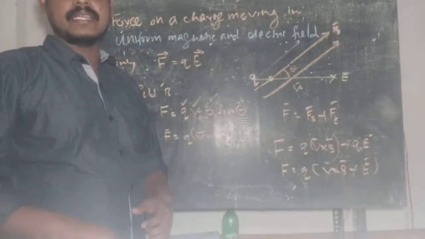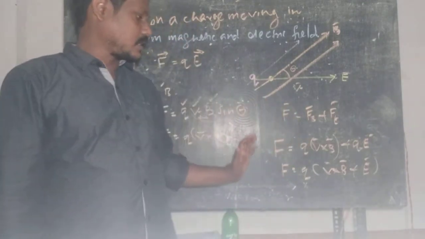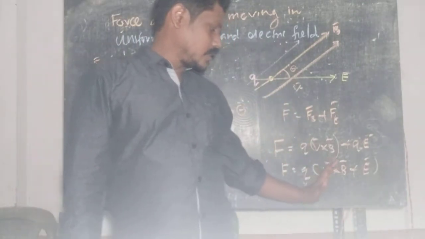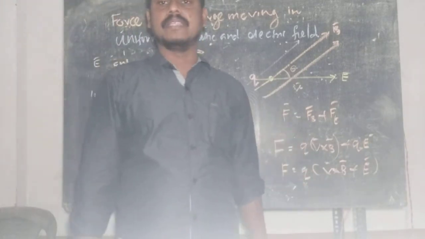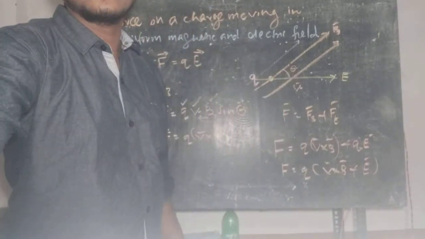So in a combined electric and magnetic field, the total force is Q into V cross B plus E, which is the sum total of the magnetic force and the electrostatic force.